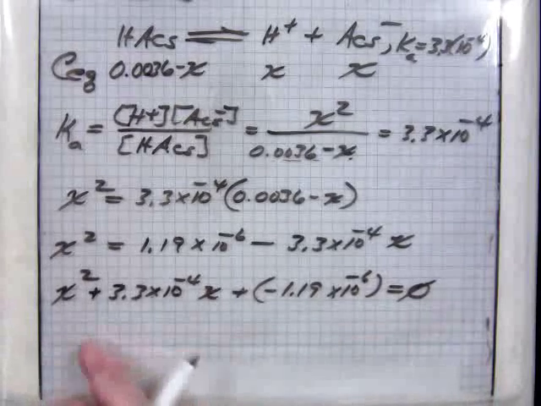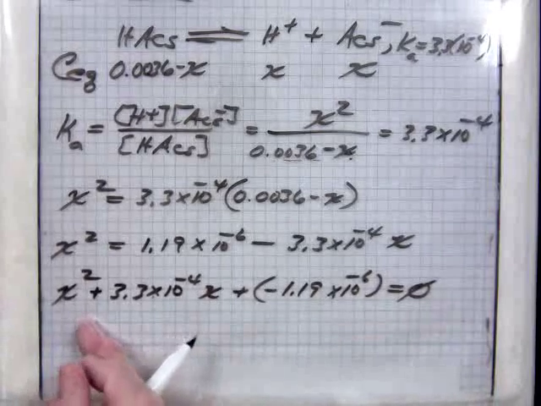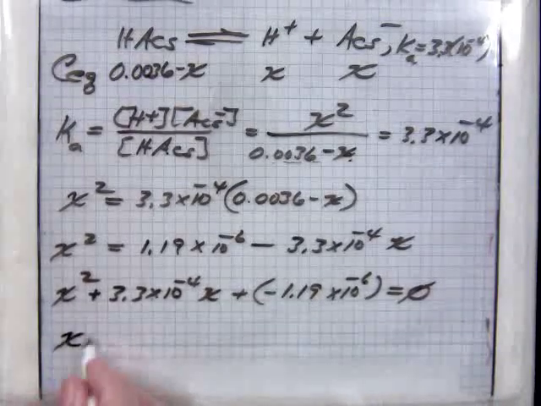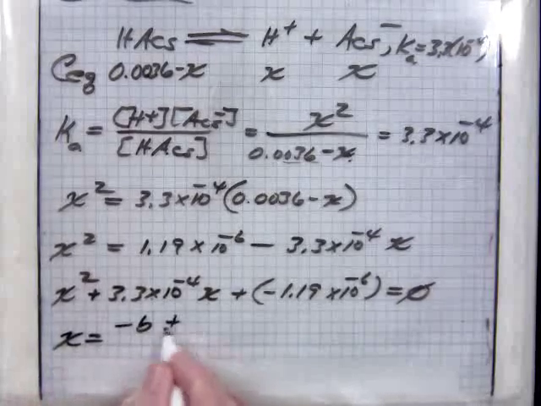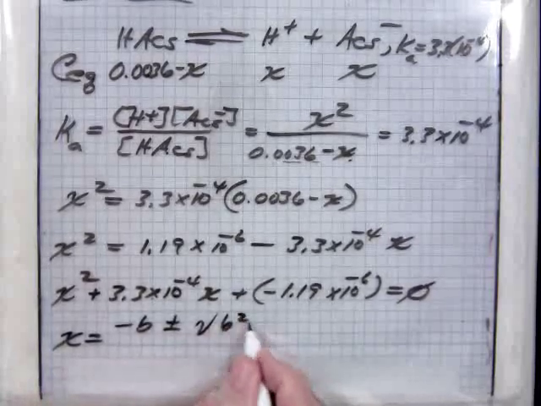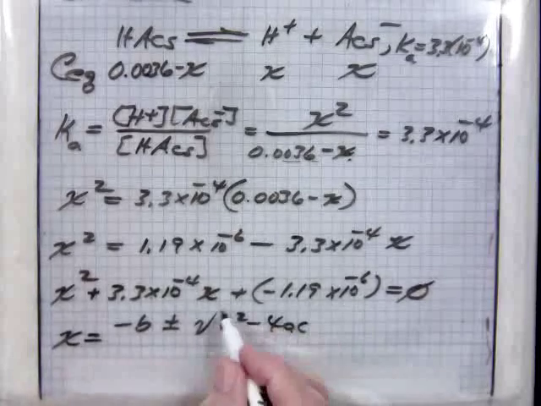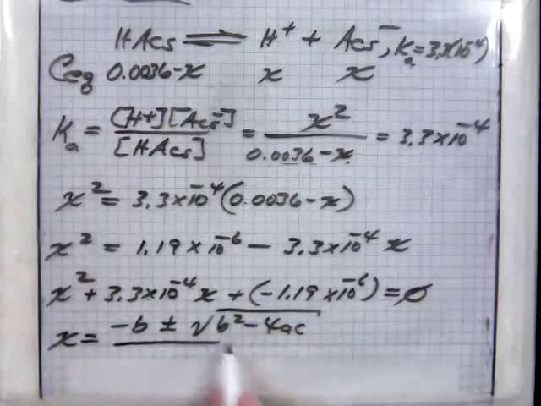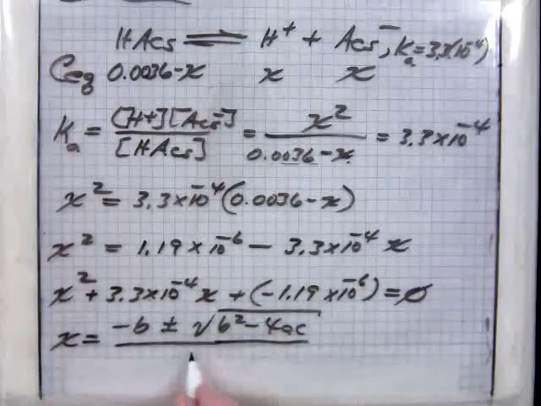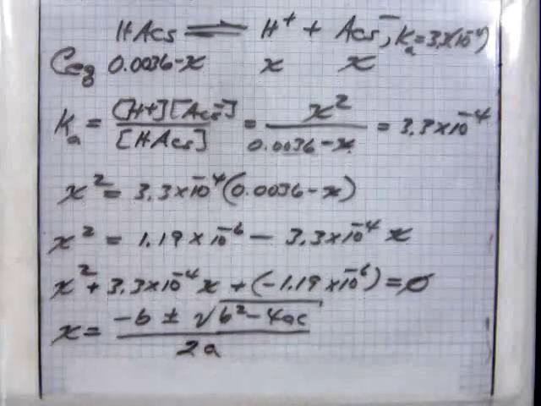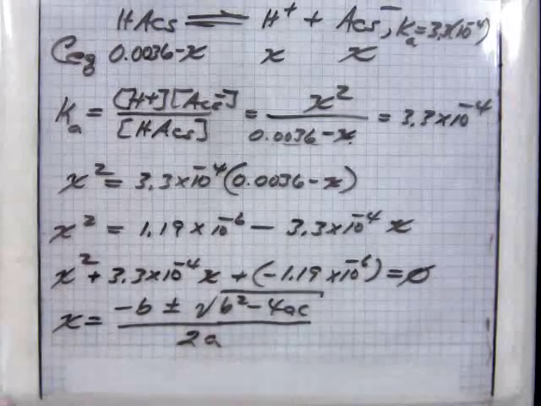Now we'll solve it for x using x equals minus b plus or minus the square root of b squared minus 4ac, over 2a. It's not as bad as it looks, it's just busy. So that's your initial setup here.